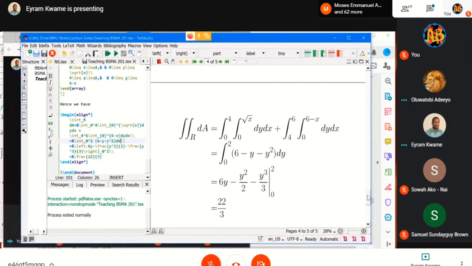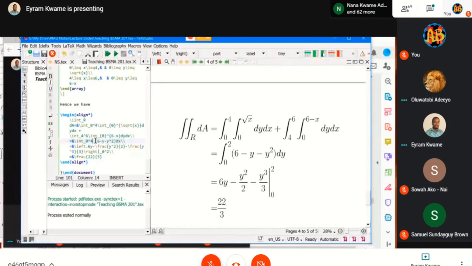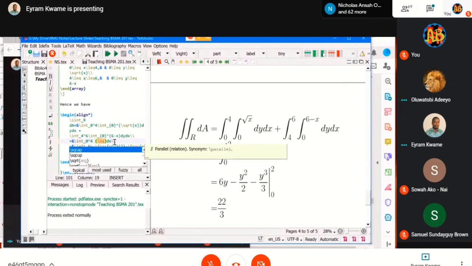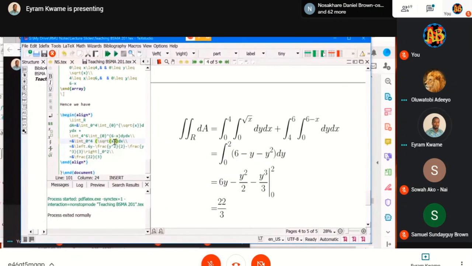Good. So this is what I'm working on. dy dx. If I do dy dx, in this case, this becomes 0 to 4, and then I have square root of x to integrate.